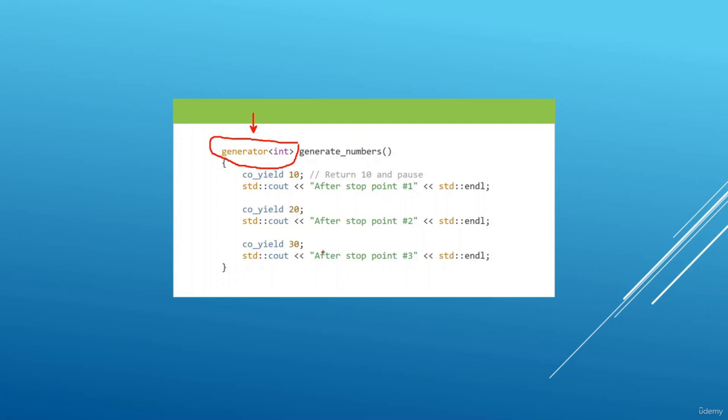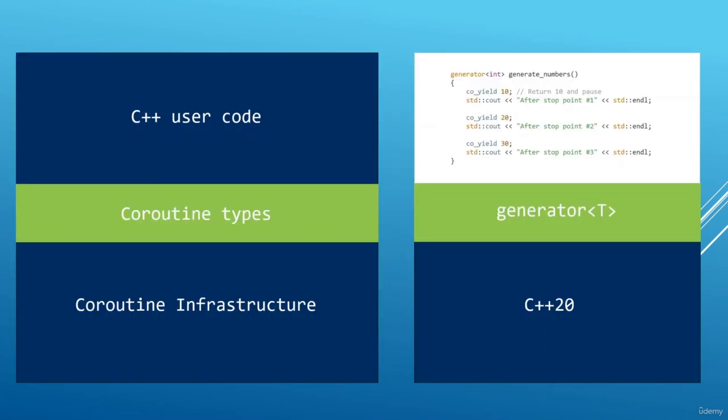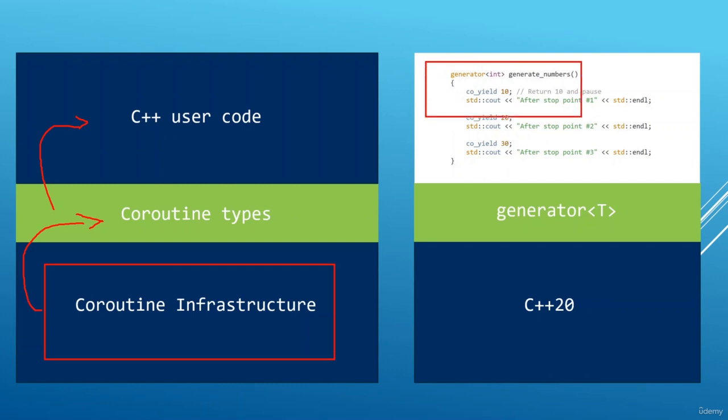Now, there are some rules in place you need to follow to set up something like this in C++20, and I am going to break them into little pieces so that you really understand this without getting confused. And what we will do is build on top of the coroutine infrastructure to build our own coroutine type that we can use in our user code in C++ and set up something like this to use coroutines and see them run in our C++ programs.